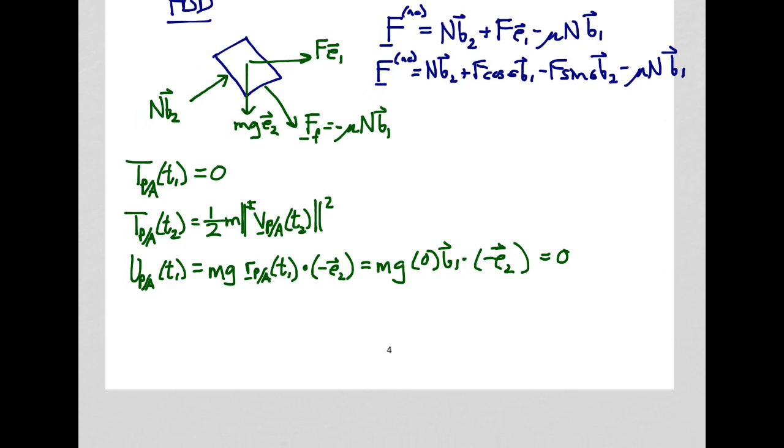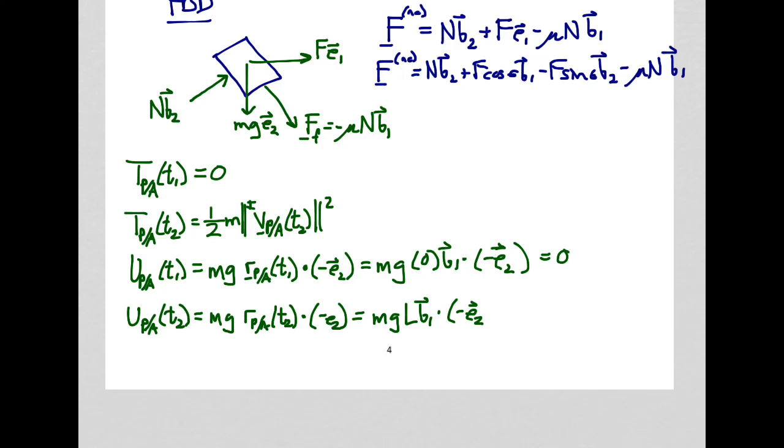But let's do the next one, which is the potential energy of p with respect to a at time 2. So this is going to be mg, and then it's r of p with respect to a at time 2. We're going to dot this with negative E2, which is going to give us our distance above point A. And so this is equal to mg, and then it's L in the B1 direction, dotted with negative E2.